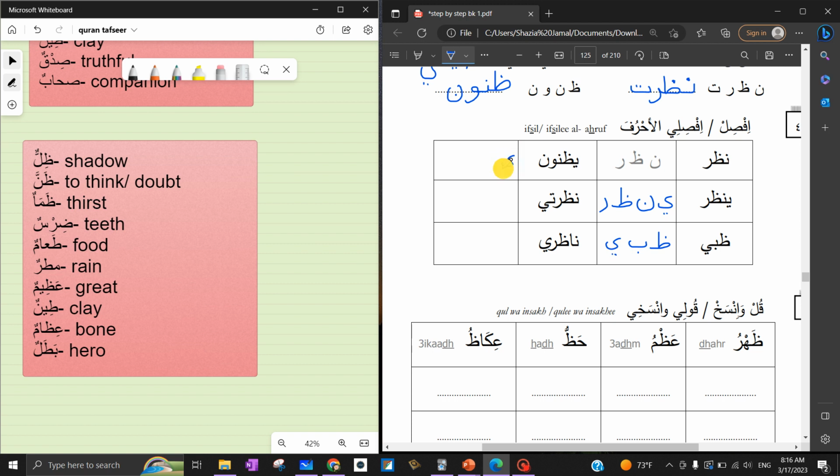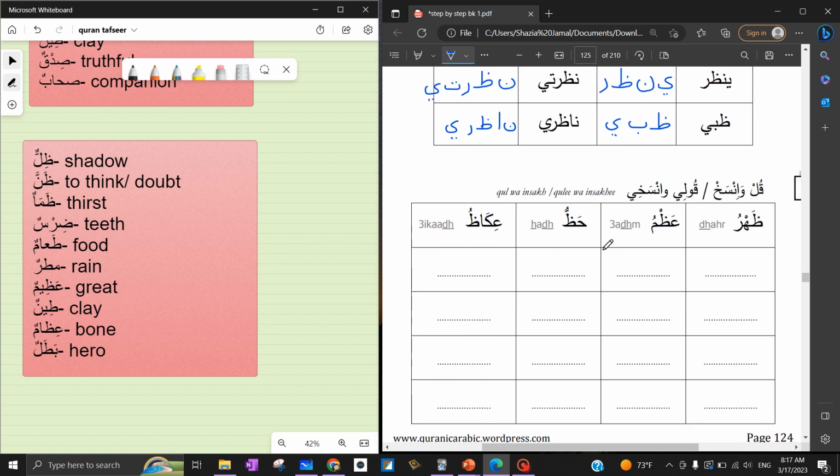Then ya, la, noon, wa and noon. Then noon, la, ra and ta. There are 5 letters. And ya. Then noon, alif, wa, ra and ya. This is how to separate the letters.